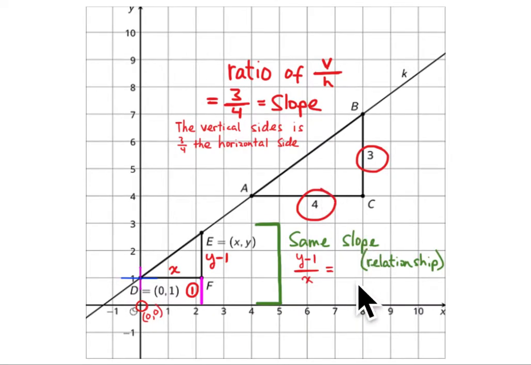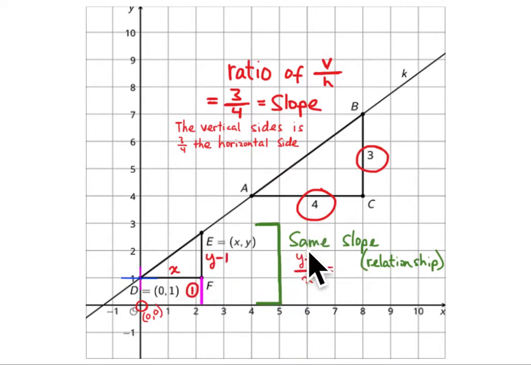Well, if that's true, they have the same slope. You get this vertical length by taking the y coordinate and subtracting 1 from it. You have to get rid of this 1, and using the x coordinate as written because it goes through 0, you don't have anything to subtract. So it's the x coordinate minus this 0, so that's x, and it's the y coordinate minus this 1, so that's y minus 1.